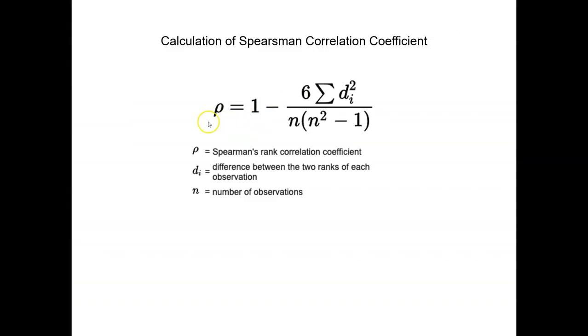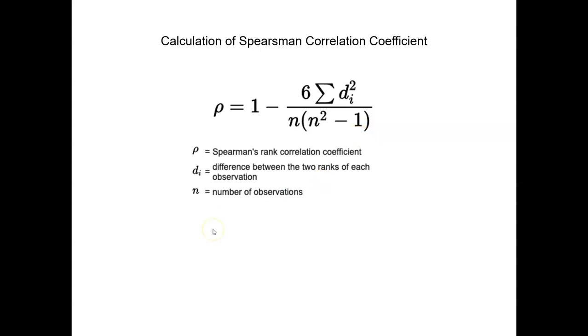Now here you see the formula for Spearman's rank correlation coefficient. We denote it by rho, and it is equal to 1 minus 6 times the summation of the square of the difference of ranks, divided by the total number of observations n times n squared minus 1.